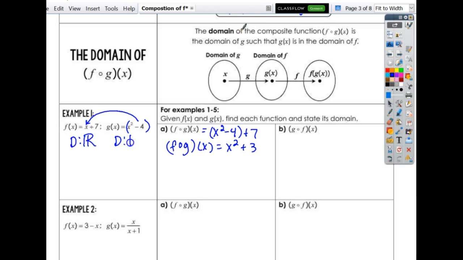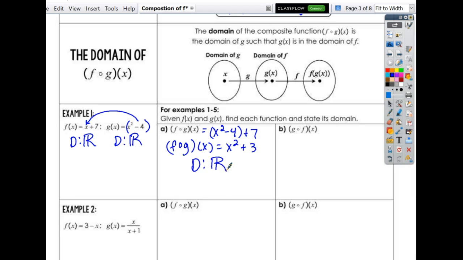That's correct. So it's all real numbers. So there's no restrictions here. And when I did the composition, my answer ended up being a parabola, right? In which way is it shifted? Up 3. So if it ends up being a parabola, is there any restrictions on the domain? No. So this is all real numbers.